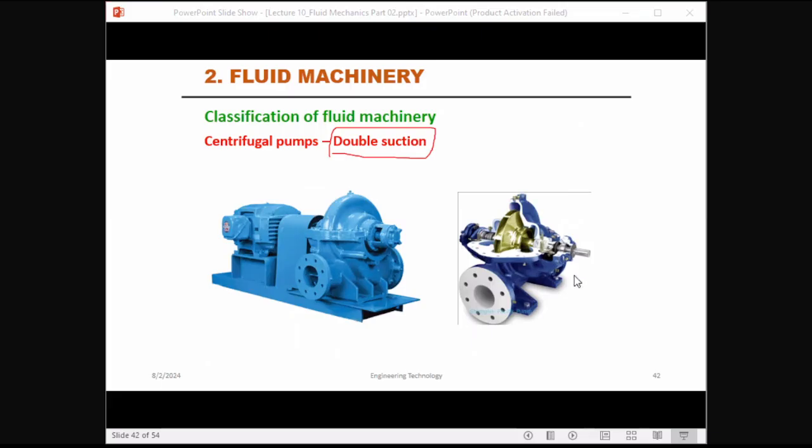Then these impellers are positioned back to back. Here you can see the impellers positioned back to back.